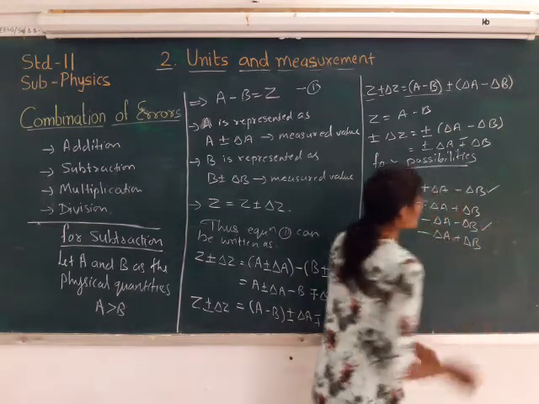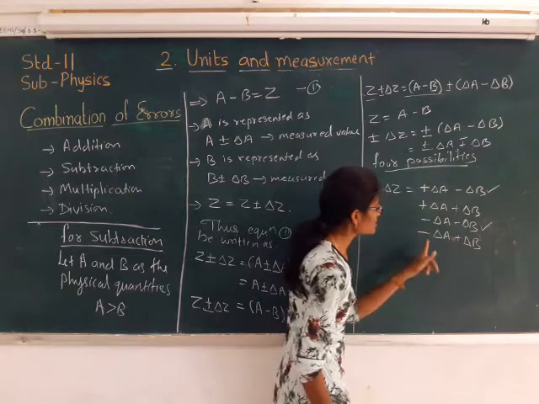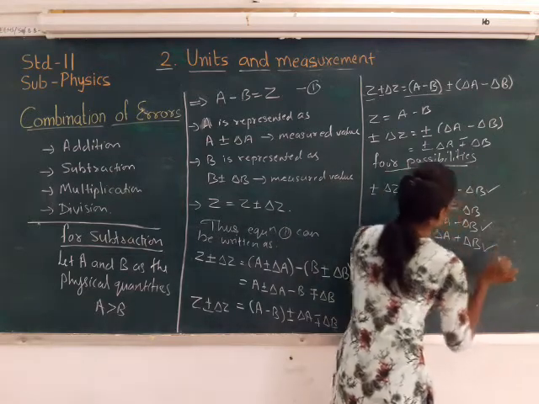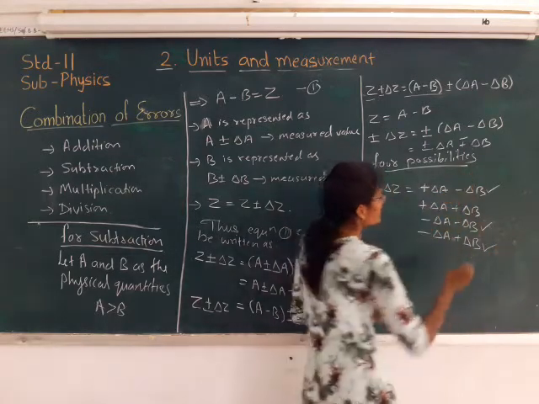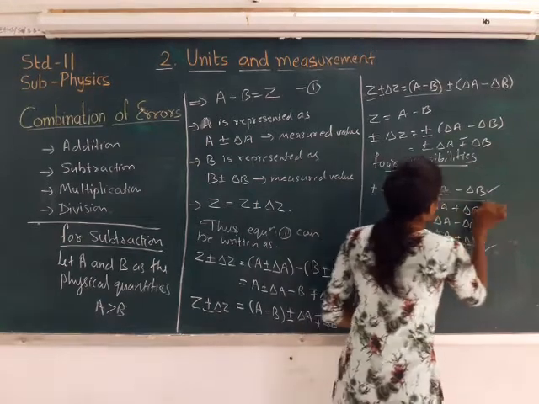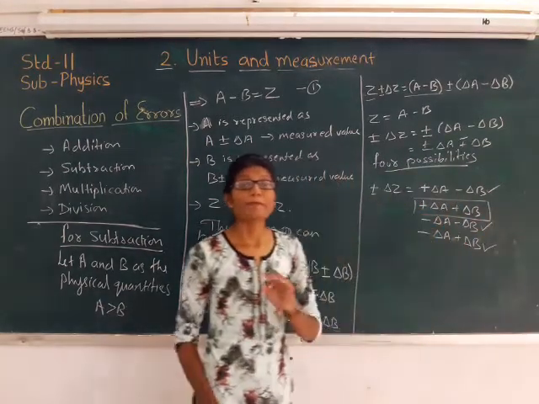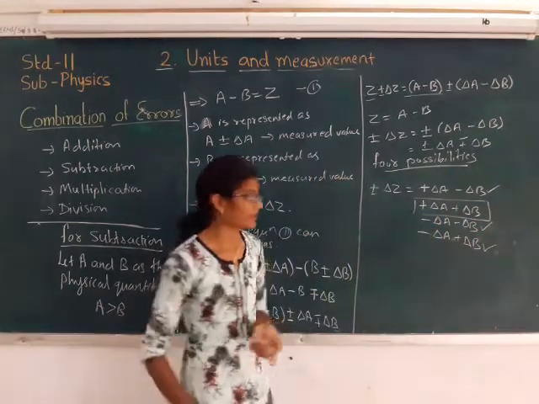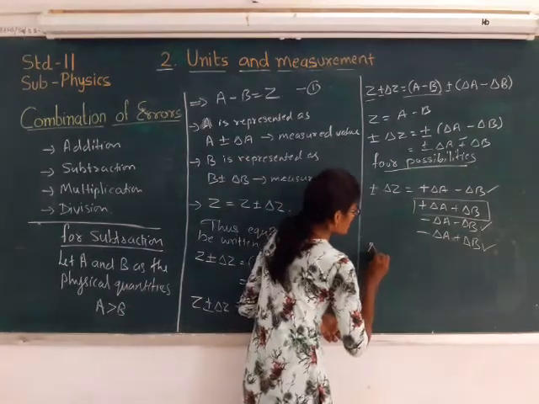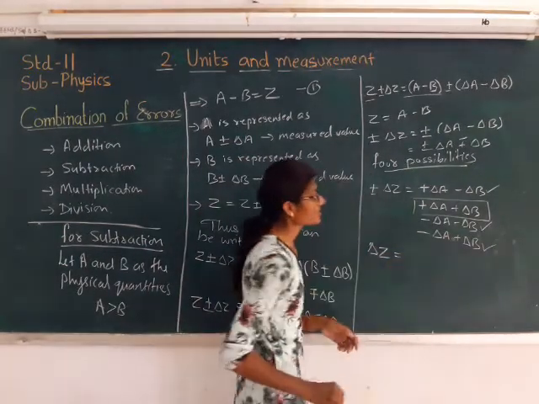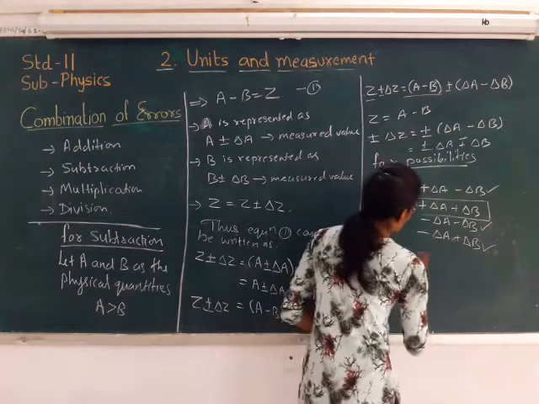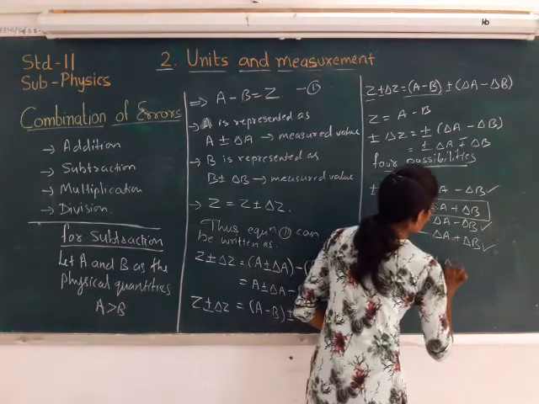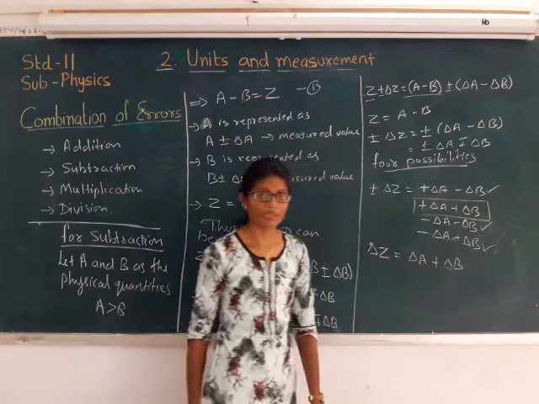This value is also very small, so we need to ignore this. Here also we need to ignore this, because out of these four possibilities, this one will give me the maximum absolute error. So over here delta z is taken as delta a plus delta b, right?